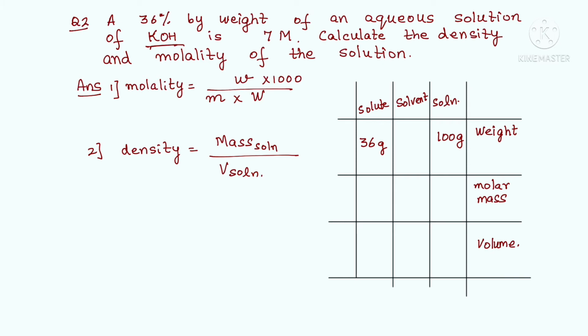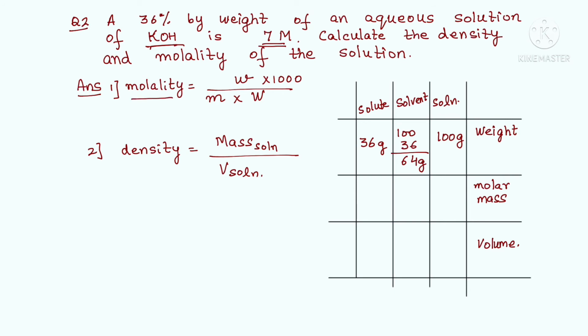That means it becomes easy for me to find out the mass of the solvent, that is 100 take away 36, which gives me 64, right? Okay, next step is the given solution is 7 molar, whereas you have to find out molality.